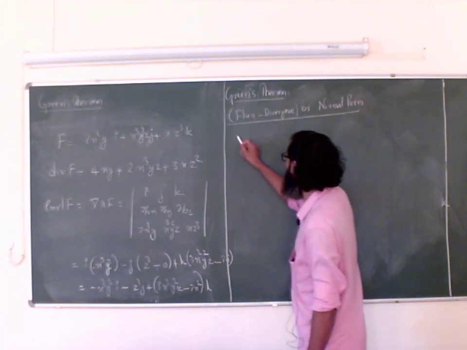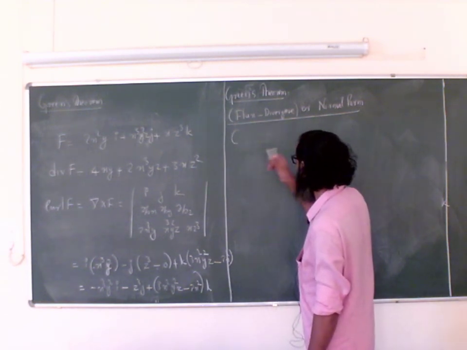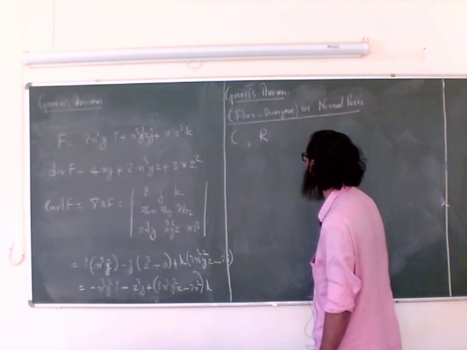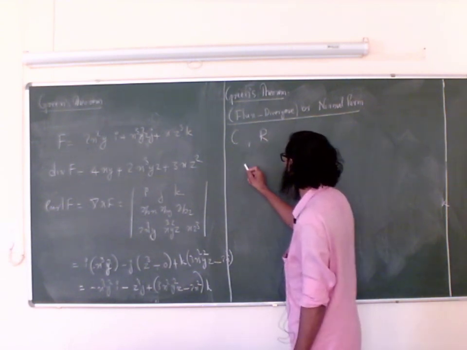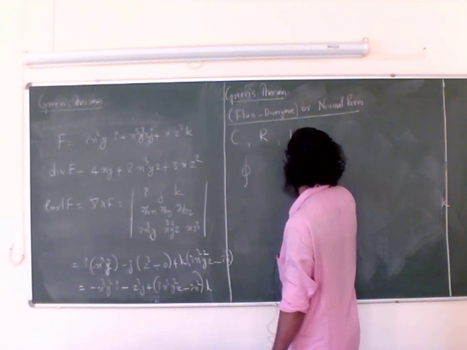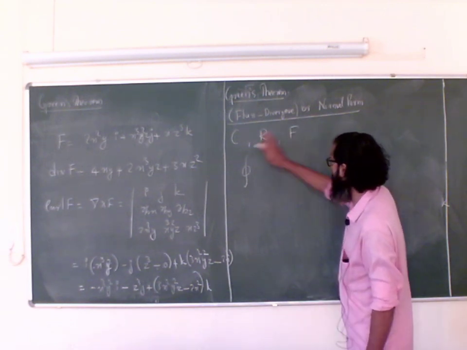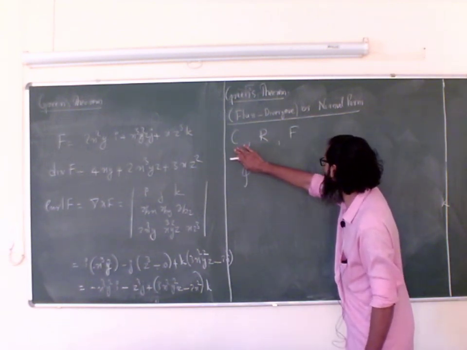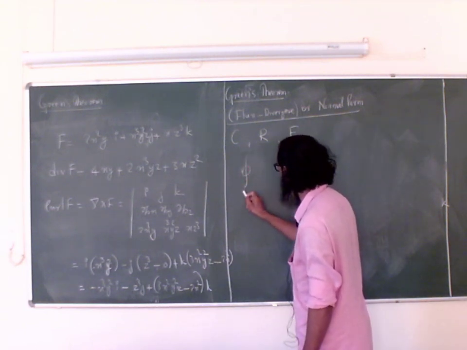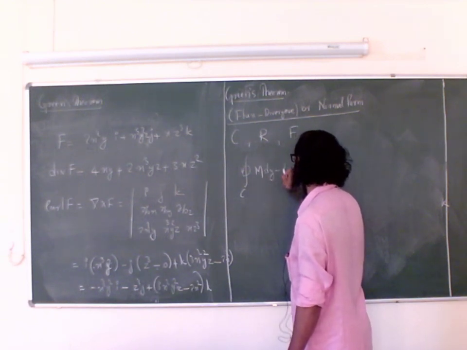So let C be a simple closed curve in the two-dimensional plane, and R be the region enclosed by the closed curve C. Then F is a vector field defined on a domain which contains the closed curve C. I know the flux as the integral over C of m dy minus n dx.